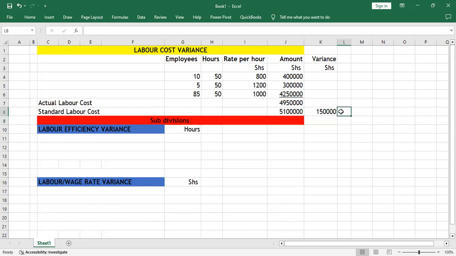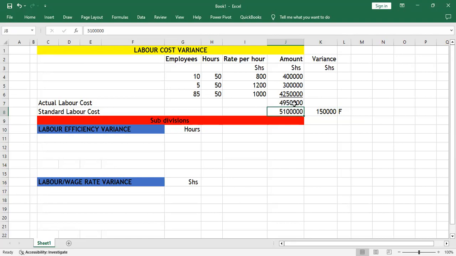Now, this variance of 150,000, we need to show whether it is favorable or adverse. This variance is favorable. Why is it favorable? This is the standard cost. This is what we should have incurred, 5,100,000, but we actually incurred 4,950,000.